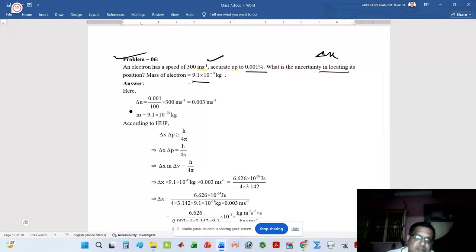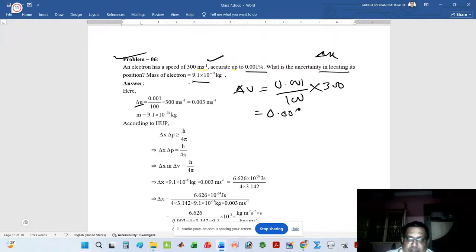Then what is the exact value? Tell me. Here you can write del u is equal to what? Percentage means 0.001 divided by 100, then you multiply it with 300. Then what is your answer? 0.003 meter per second.